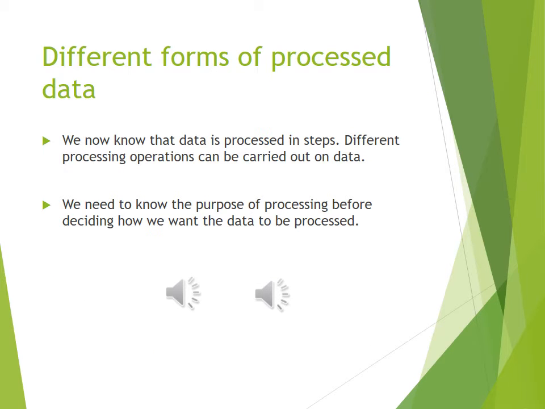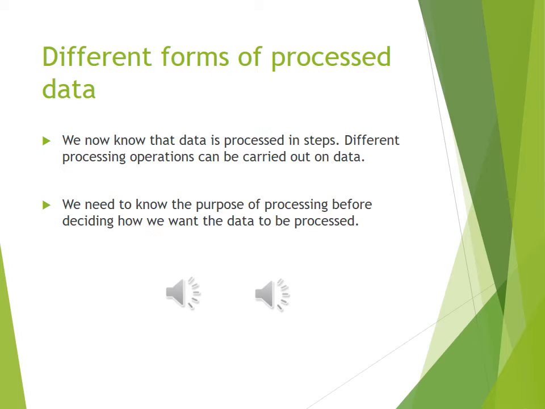Different forms of processed data. We now know that data is processed in steps. Different processing operations can be carried out on data. We need to know the purpose of processing before deciding how we want the data to be processed.